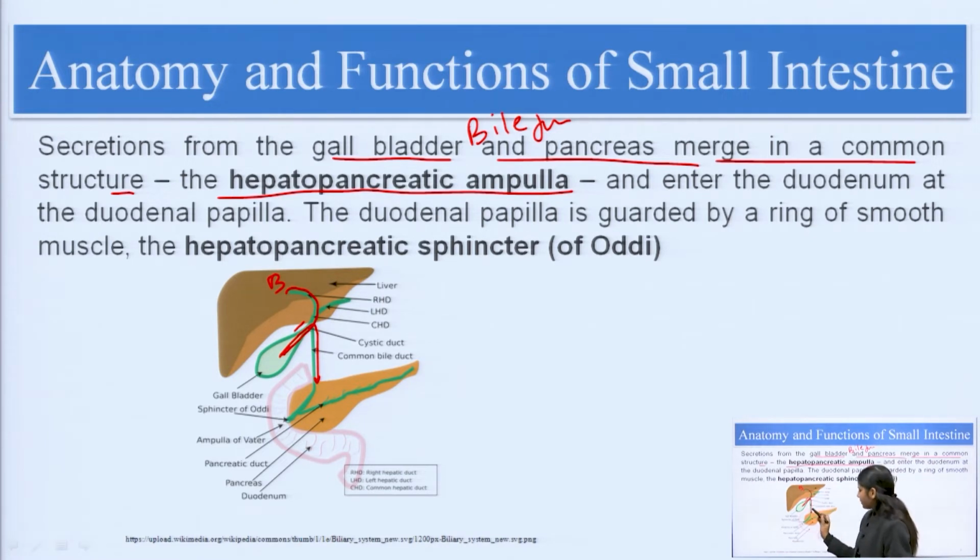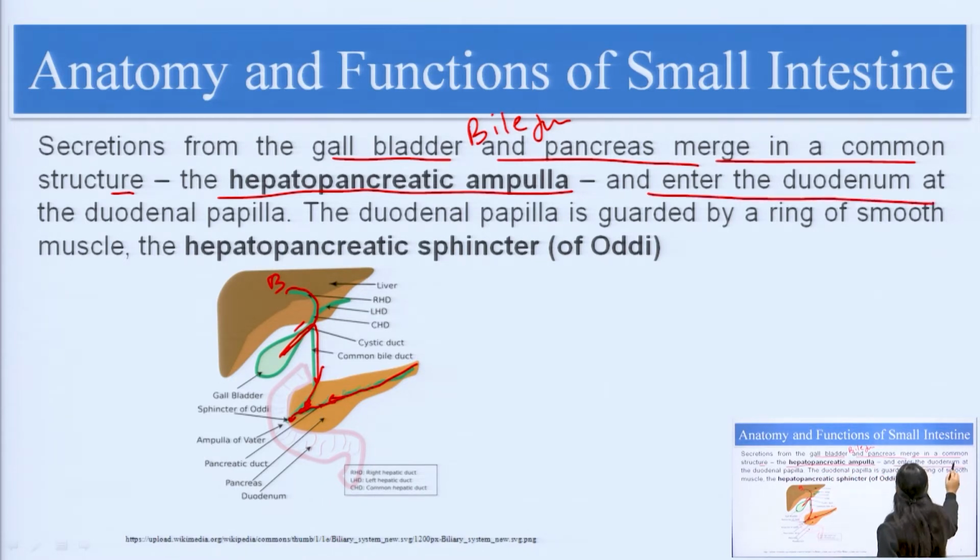Then you see this is the pancreas. From the pancreas, the pancreatic juices come through this duct, and the pancreatic juices and bile juices merge at a common point, known as the hepatopancreatic ampulla.